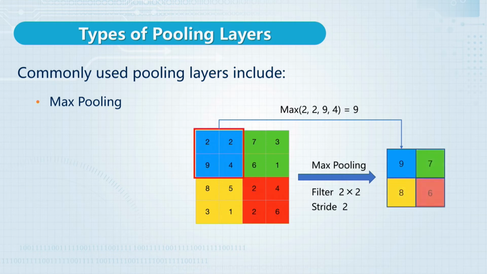We need to move the filter across the entire image. The procedure is exactly the same as above, and we need to repeat that for the entire image. Thus, the output after the max pooling layer would be a feature map containing the most prominent features of the previous feature map.